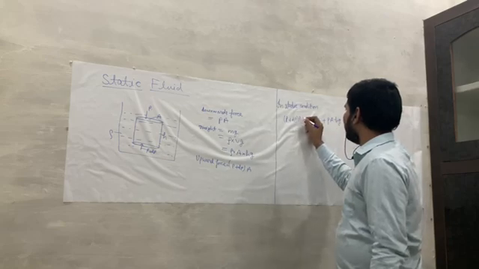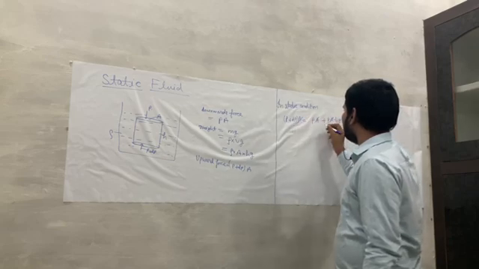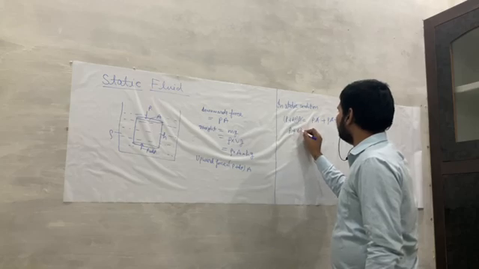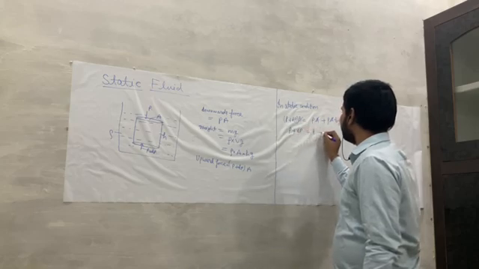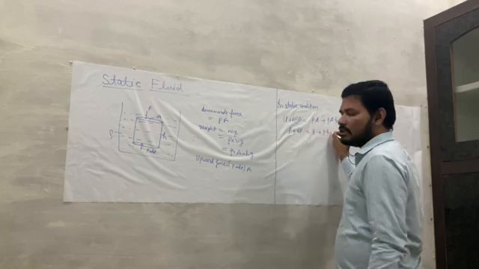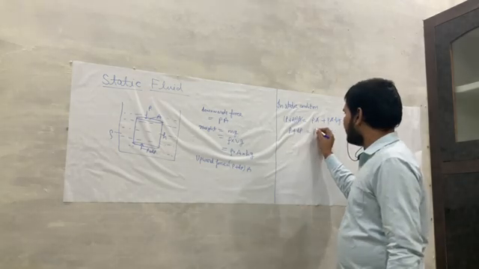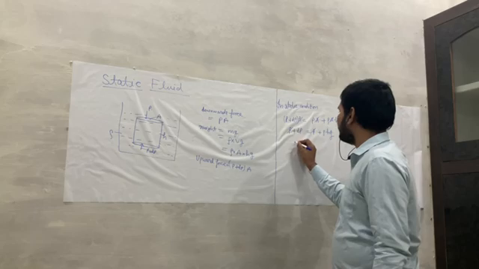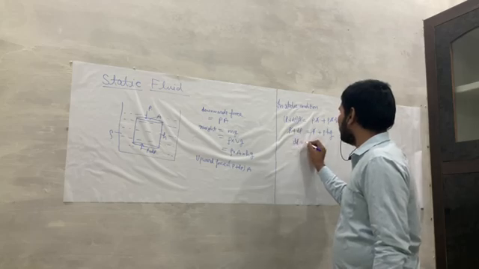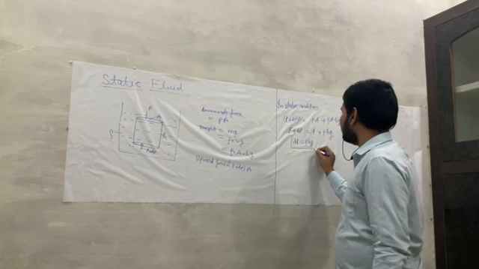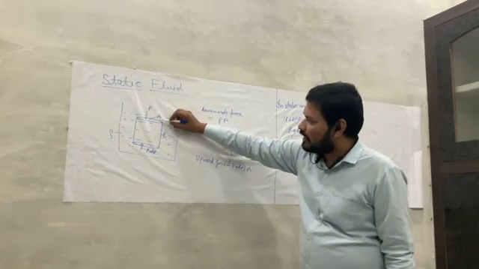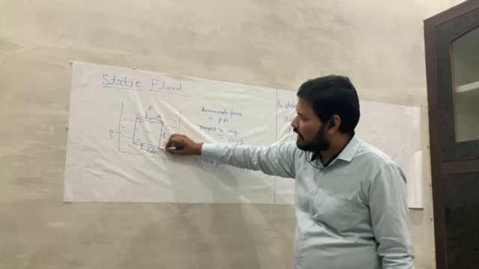Now A and A cancel out on both sides, so P plus dP equals P plus rho h g. P and P cancel out, so dP equals rho h g. This is the change in pressure when we go from the upper level to the lower level through height h.